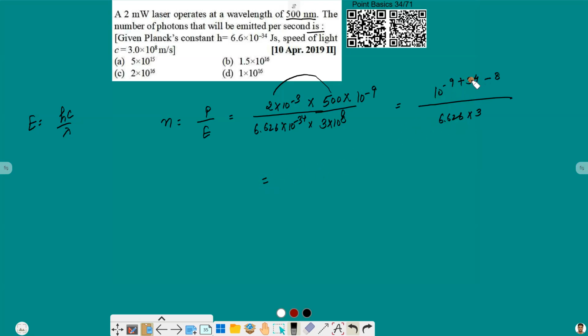So that will give us 8 plus 9, that will be 17, so 10 to the power 17. 34 minus 17 is 17. 6.626 into 3, let's take as 20, because this will be 18 plus 1.8, 19.8. So let us assume as 20. So this can be written as 100 into 10^15 by 20, and that will be 5 × 10^15. That is option A for us.